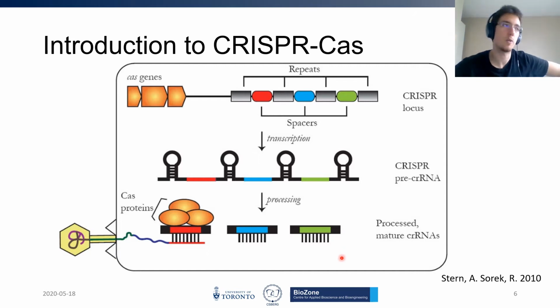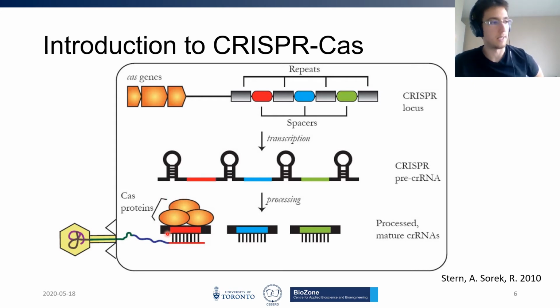Now, depending on which CRISPR-Cas system we want to talk about, we're only going to focus on one later, but just to give you a broad overview, some CRISPR systems have only one Cas protein that they need to do what they need to do. Other CRISPR systems have multiple Cas proteins. In this figure, you have multiple Cas proteins that have come together to interact with the CRISPR RNA here.